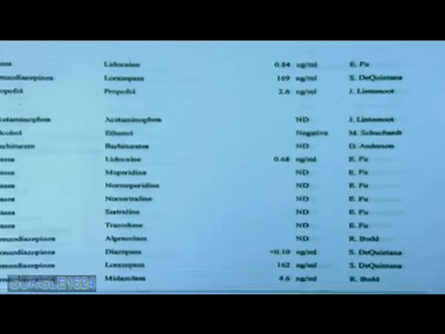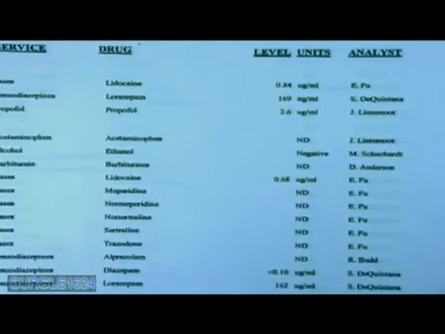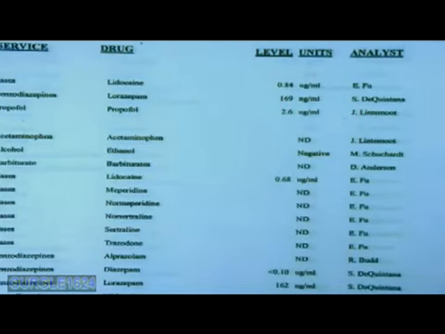Now, beginning with the first service, bases, what does that mean? BASES is a pharmaceutical basic drug screen. Again, it is looking for drugs similar to antidepressants, antipsychotics, antihistamines, and in this particular case, we detected lidocaine in the femoral blood.